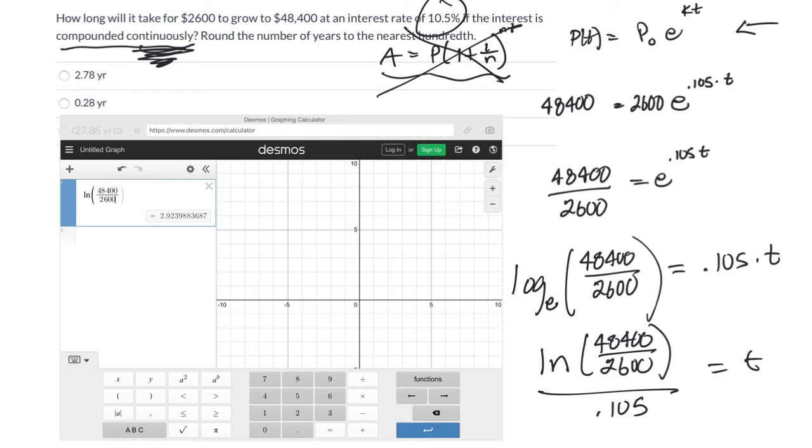Okay, go over and close my bracket. And then I want to divide that by, see how it looks exactly like my formula? Lots of calculators won't do that. I love that. Divided by 0.105. 27.84.